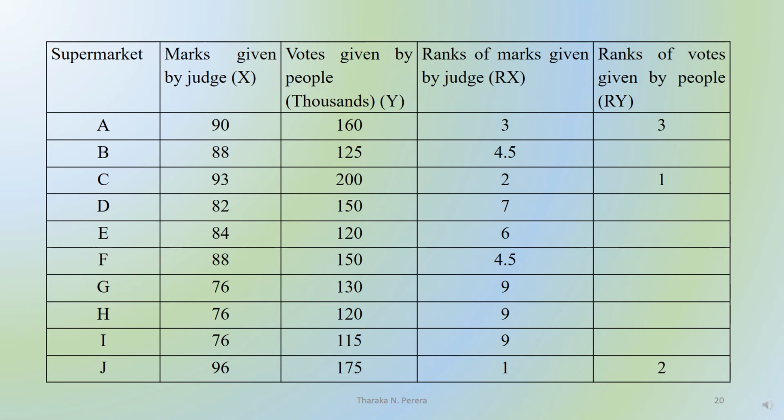Then there are 2 same values, 150, for supermarkets D and F. Since there are 2 same values for supermarkets D and F, we have to put the midpoint of ranks against the same marks. Here 4 plus 5 equals 9 and 9 divided by 2 equals 4.5. Therefore, I put 4.5 for supermarkets D and F as their ranks of variable y.